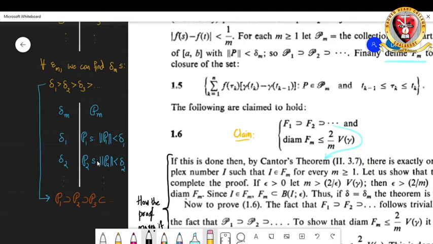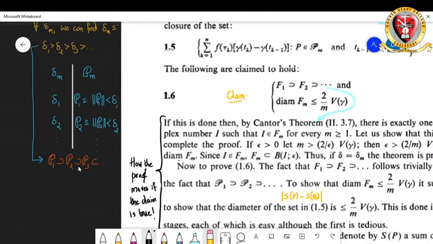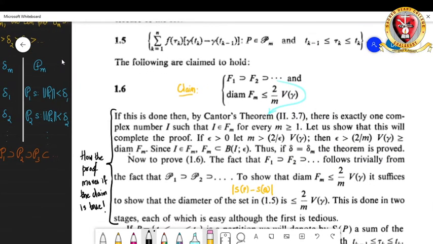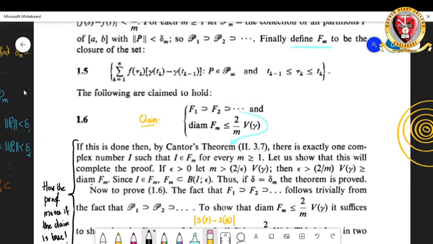And for delta 2, you will have script P2, and so on. And what we said here is script P1 is a superset of script P2, a superset of script P3, and so on, going on like that because delta 1 is strictly greater than delta 2, strictly greater than delta 3 and so on. Now you have two claims to prove.